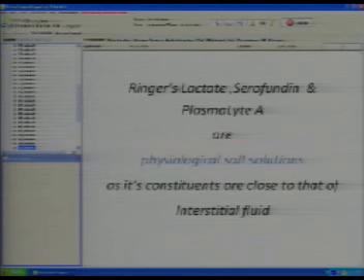However, there's a bigger difference. Ringer's lactate has very low sodium and high chloride. Serofundin has slightly high chloride, whereas Plasma-Lyte is more close to serum. But if the patient is not getting very high volume depletion, high replacement, it really doesn't make much difference.